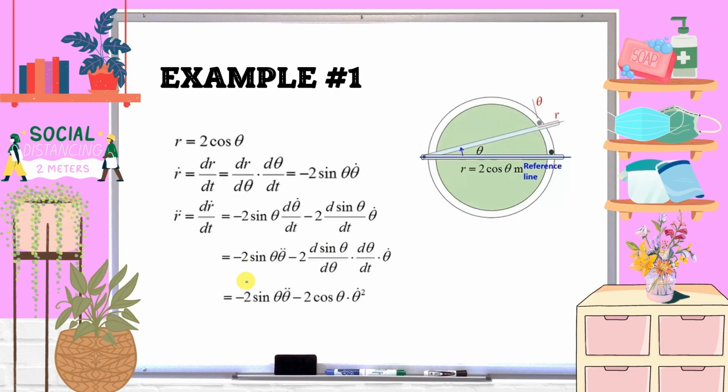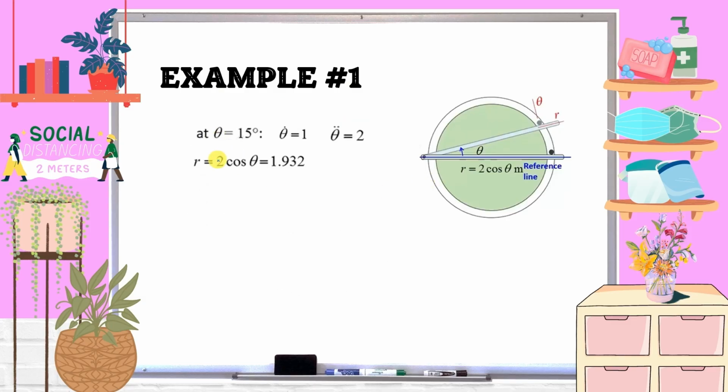So we now have r dot and r double dot, wherein the angle theta is 15 degrees, theta dot is 1 rad per second, and theta double dot is 2 rad per second squared. So substituting, we will be able to get r equal to 1.9132, and r dot, we will have this representation.